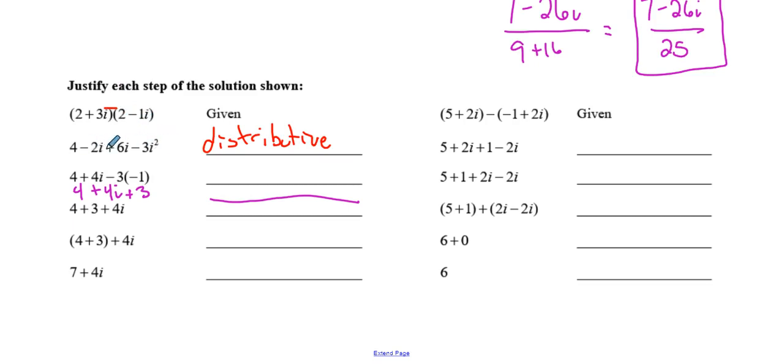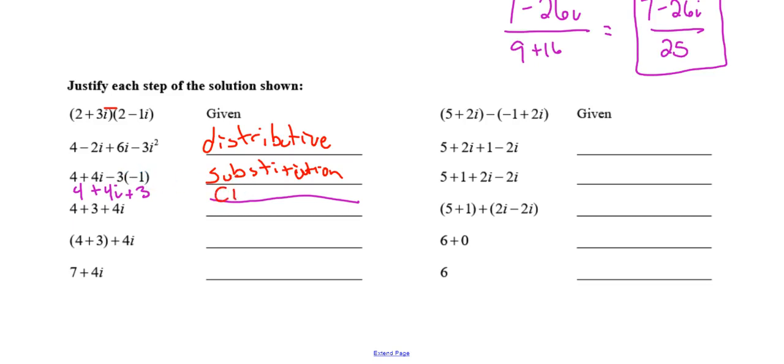So then the next step here, we switch our i squared to a -1. That is substitution, because i squared is the same thing as -1.